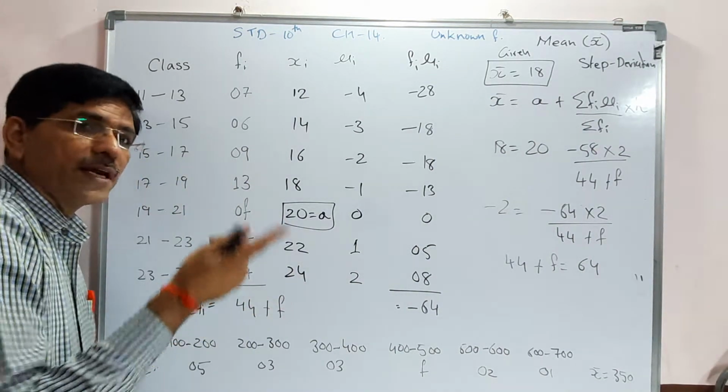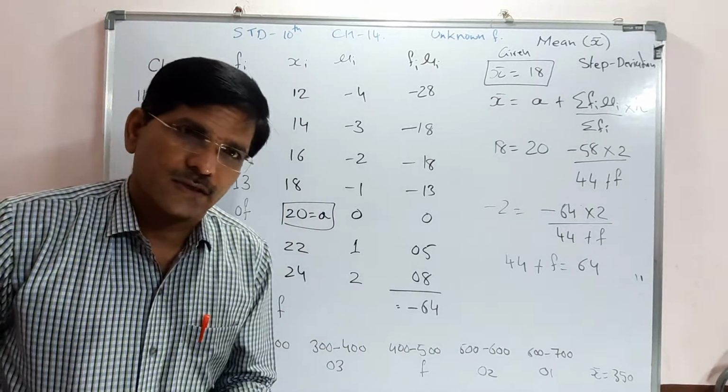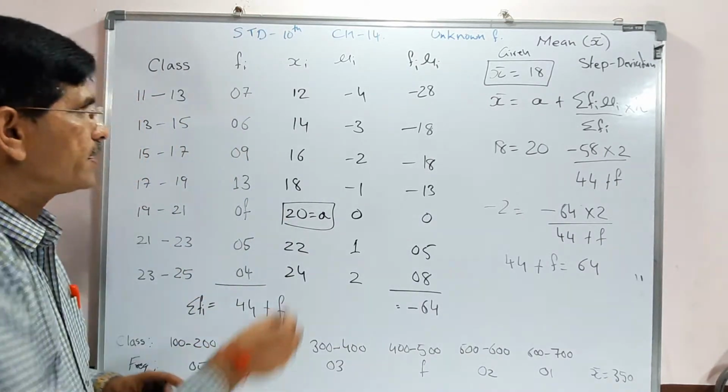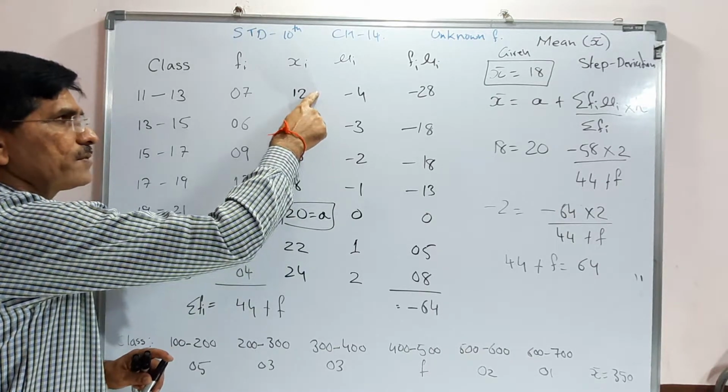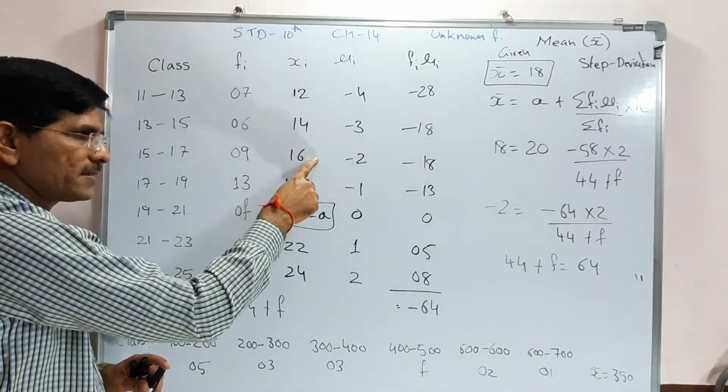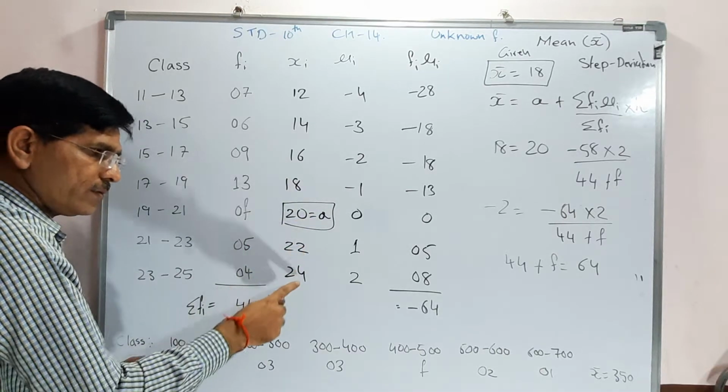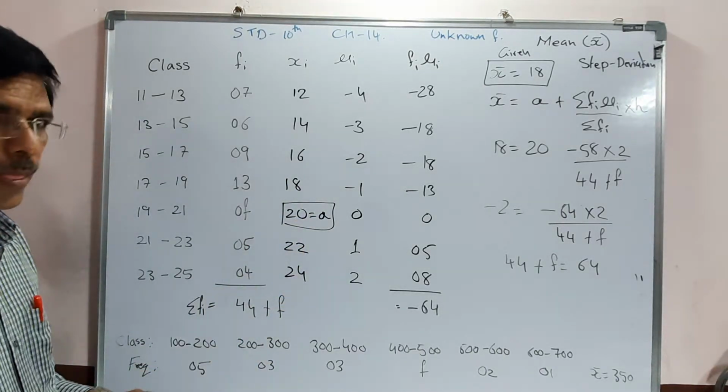But already we have discussed in the last 3 lectures, we can easily find it by the difference. The difference is 2. So after 12, afterward 14, 16, 18, 20, 22 and 24.